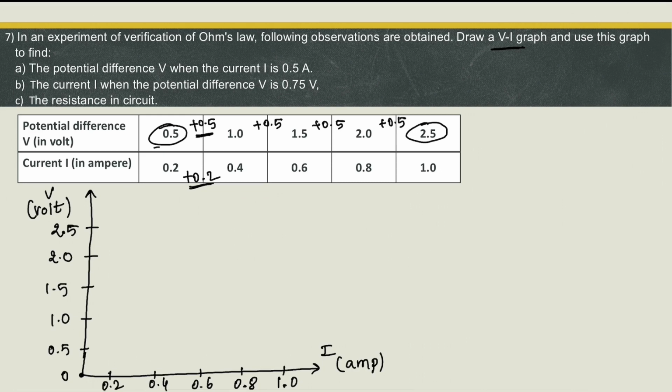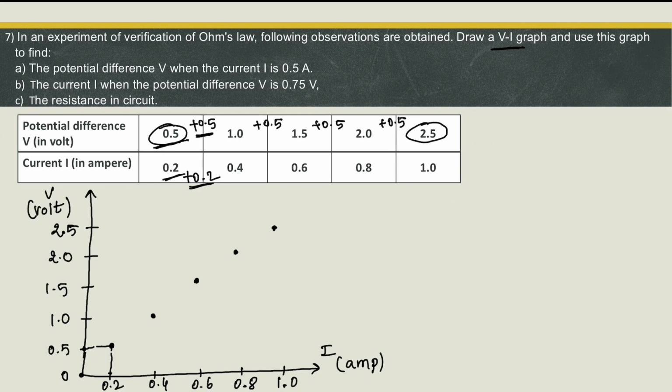When potential difference is 0.5, current is 0.2. So 0.5, 0.2, this is our first point. When potential difference is 1, current is 0.4, 1.5, 0.6, 2, 0.8, 2.5, 1.